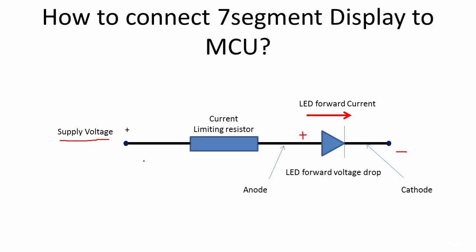You have to supply voltage to the positive terminal, but you have to be careful while connecting supply voltage to the LED directly, because LEDs have maximum forward current ratings, and your supply should not supply current more than the LED forward current rating.